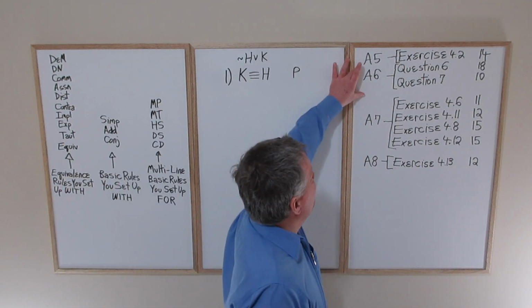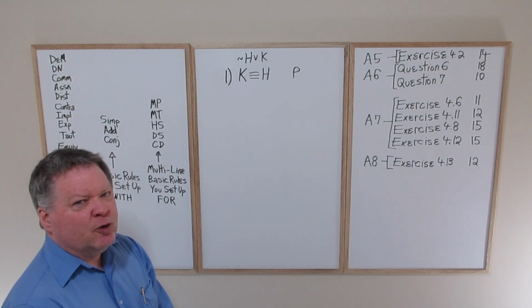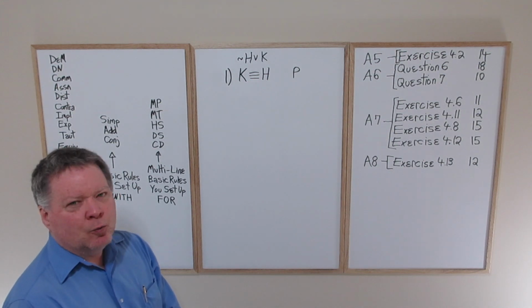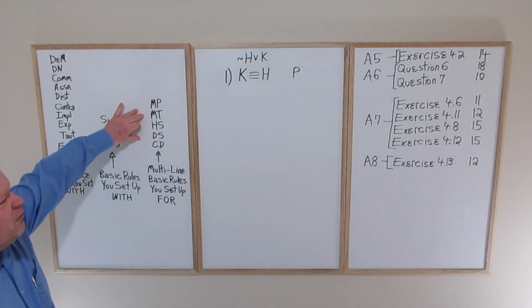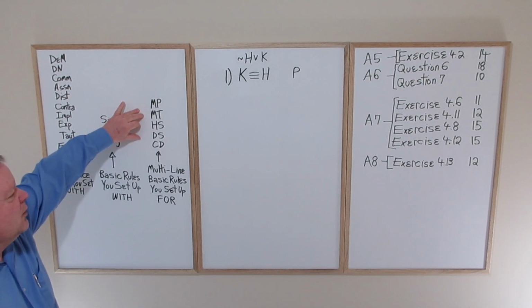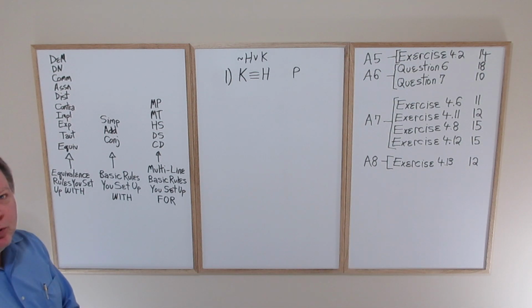In assignment 6, we expanded our rules to the full basic 8 rules. There, it's important to be aware that 5 of the 8 basic rules can be thought of as multi-line basic rules that you set up for.